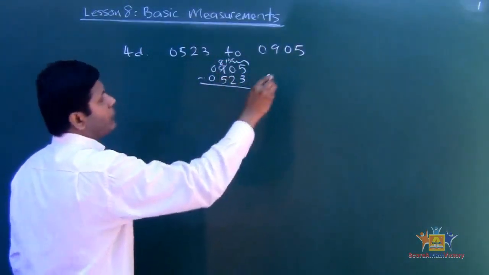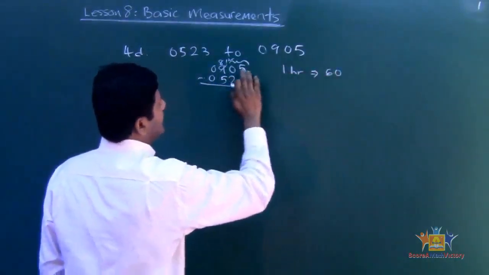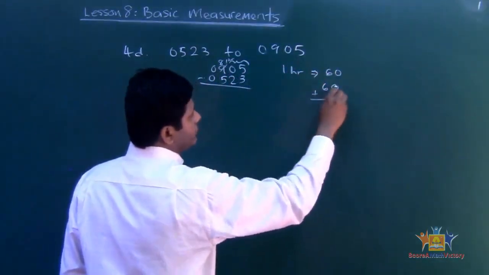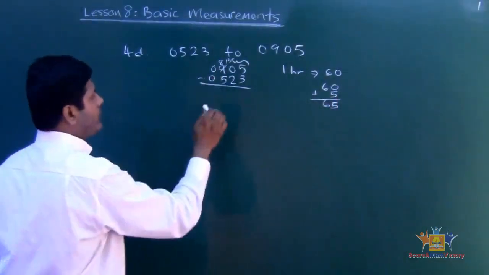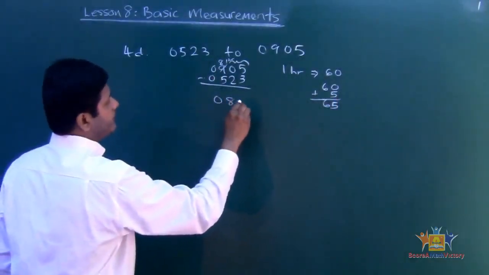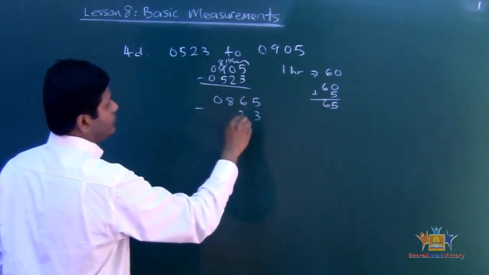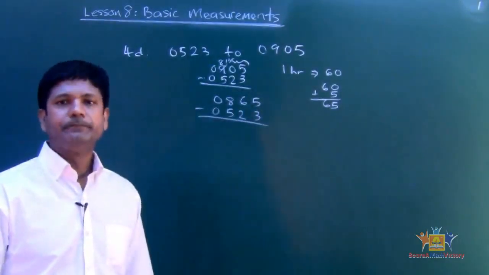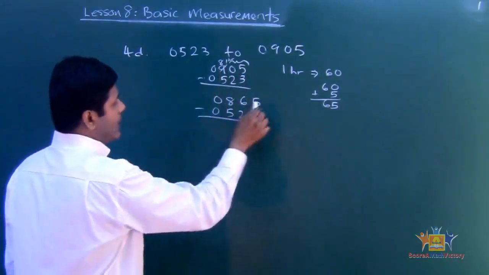So in other words, you have to convert that 1 hour to 60 minutes and add the 5 to the 60 minutes. So 0 plus 5 is 5, we bring the 6. So 65. So I'm going to rewrite this again. 0865 minus, I'm going to line it up with 0523. See that? Very important, okay? Because you know this is the minute and this is the hour. So now I can subtract.